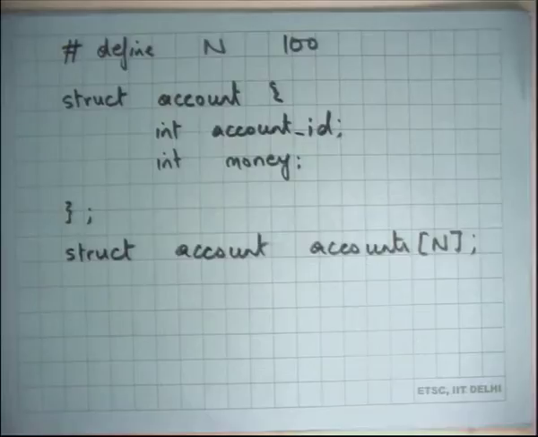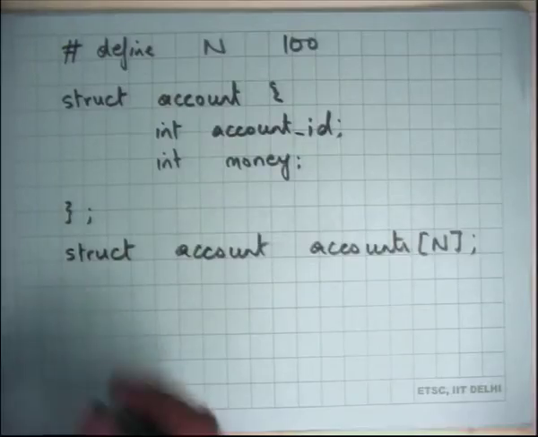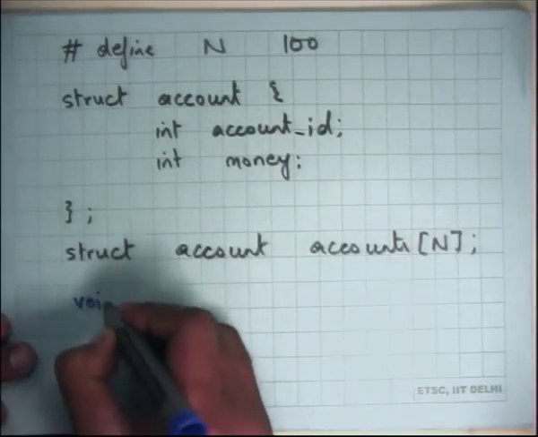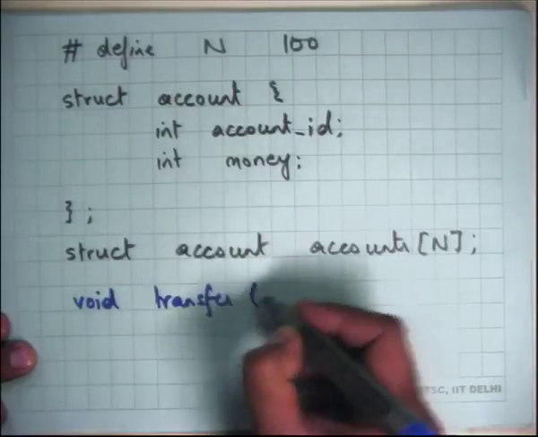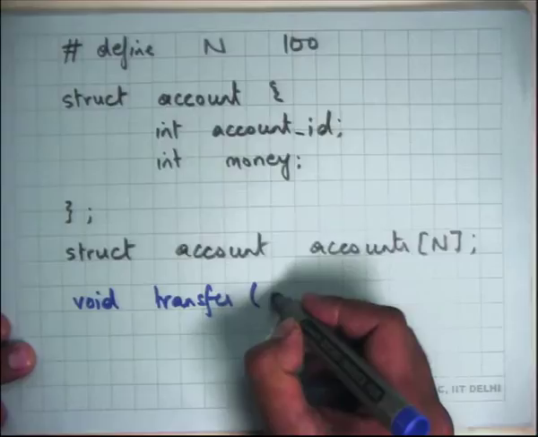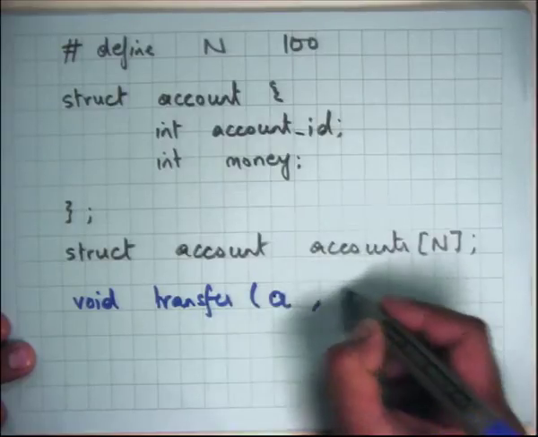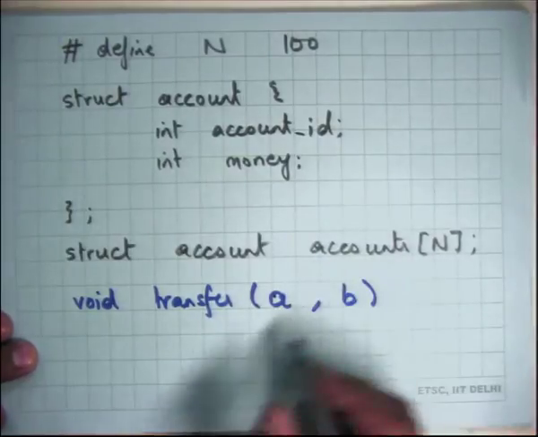I am a bank, and I want to provide this service to my customers called transfer. So I should be able to say void transfer, account A to account B. I'm omitting some syntax here.